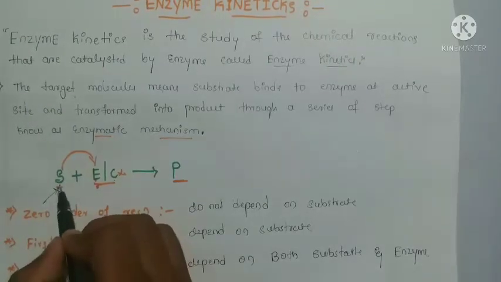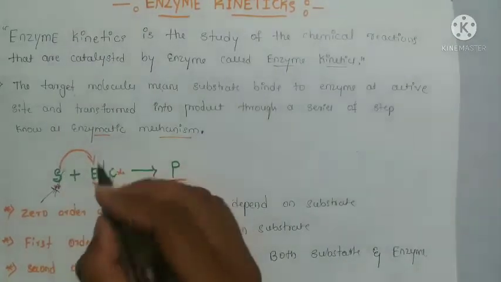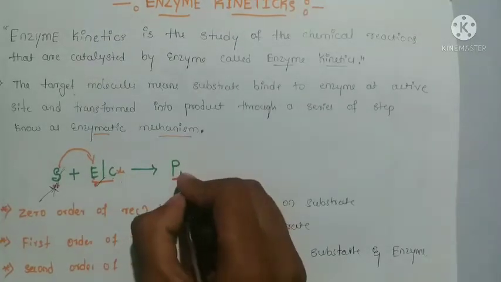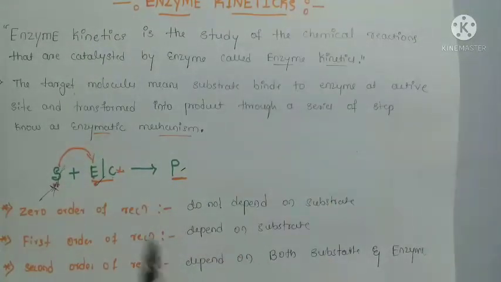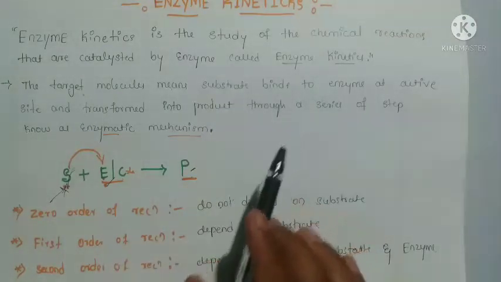When the substrate increases, the enzyme concentration also increases, and the product forms faster. These are the orders of reaction that come under enzyme kinetics.